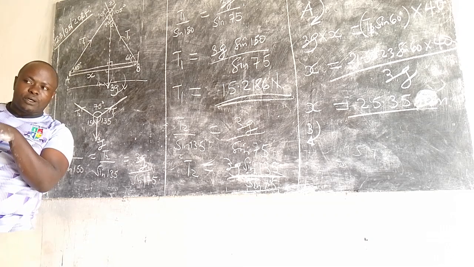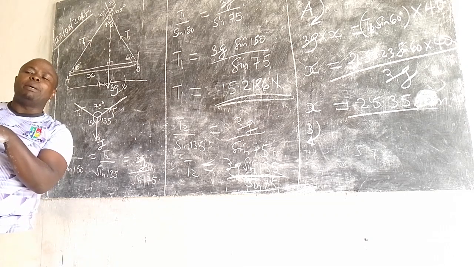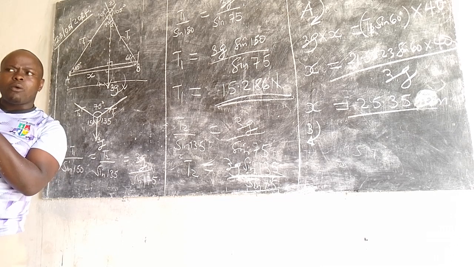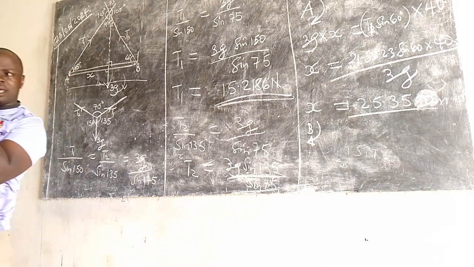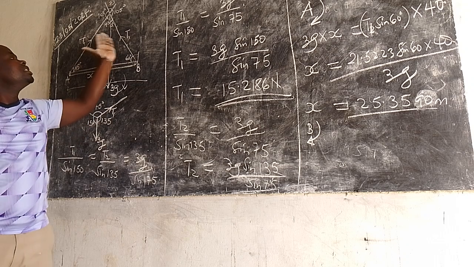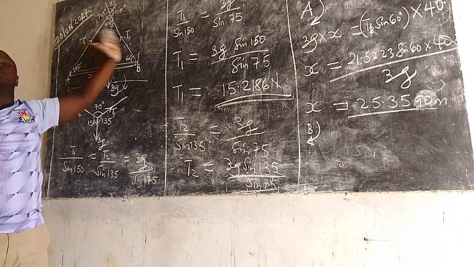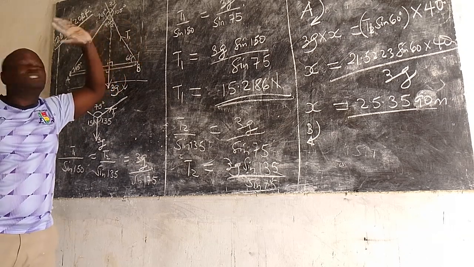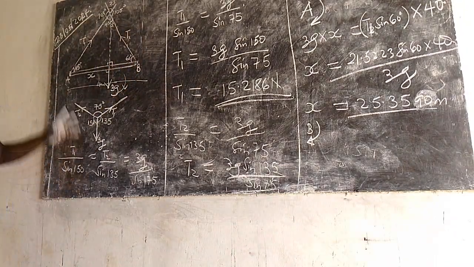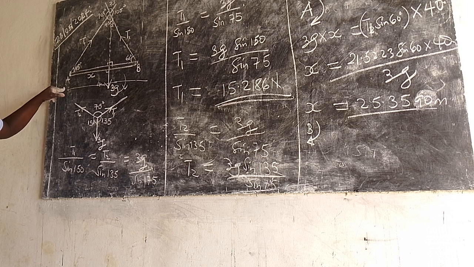The moment of the force is the product of force and the perpendicular distance, so with distance 0 we get 0. Therefore, T2 at point B gives us no moment. Understood?